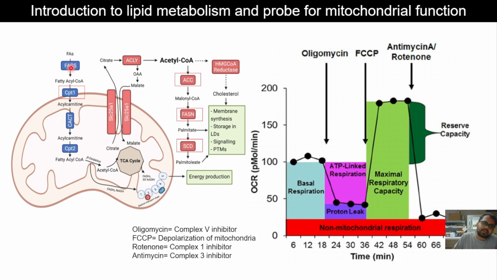These fatty acids are transported inside the cells and then go through beta oxidation, and energy is generated through this. This particular transporter, which transports fatty acids inside the mitochondria, is used in this study.